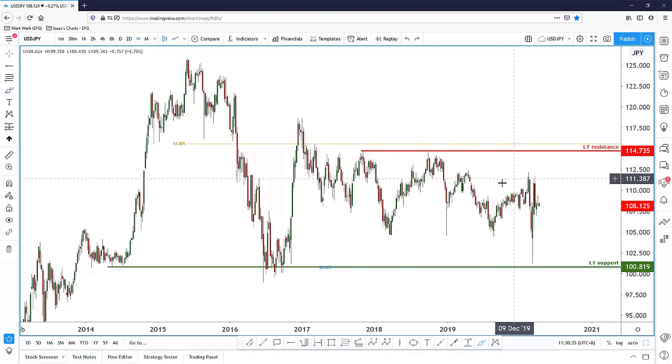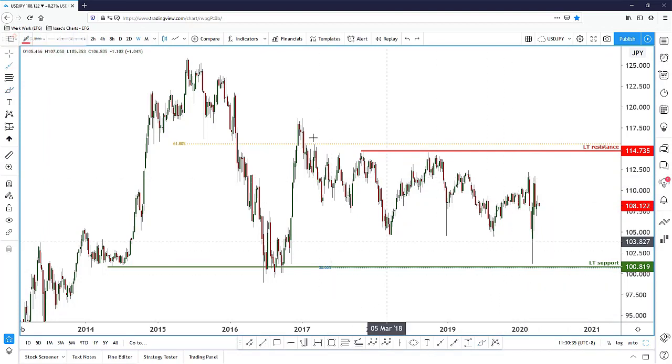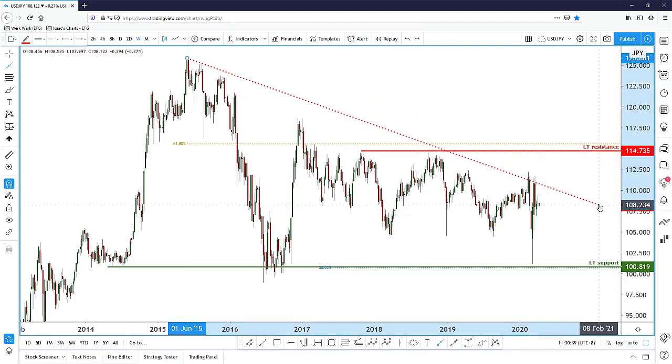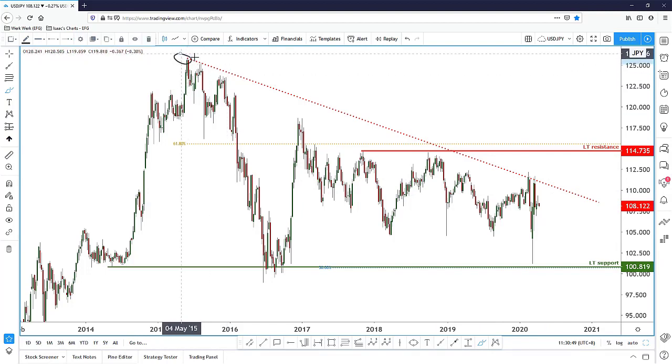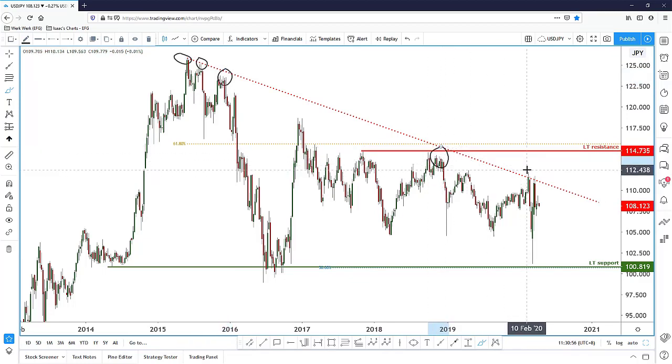Like we mentioned earlier, price is actually in a descending trend starting from 2015. So we tidy up the trend line nicely. It's okay to cut a bit of the wick, but not okay to cut the candle body. So price tested once, twice, came close again in this area, and tested a third and fourth time.